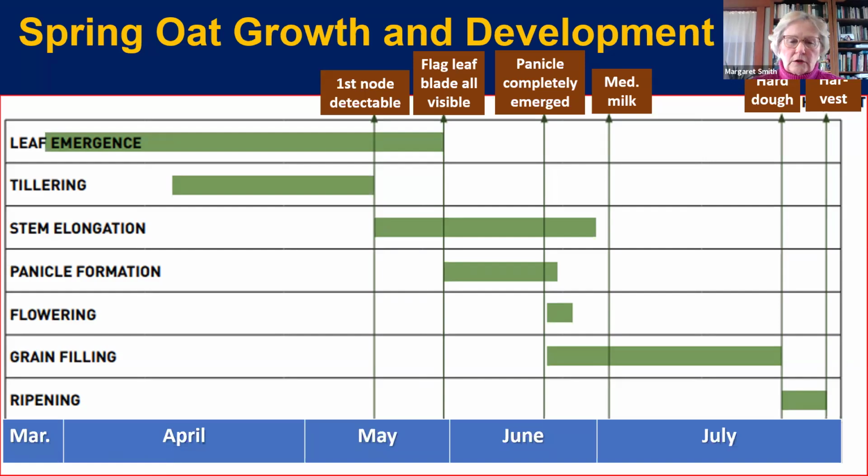Once fertilization has occurred, we start accumulating carbohydrates in that grain head. And then the ripening, here we're moving through obviously the milk stage and the dough stages. And in here at ripening, we're right at the hard dough stage and then into ripening. So typically we're ripening oats toward late July.